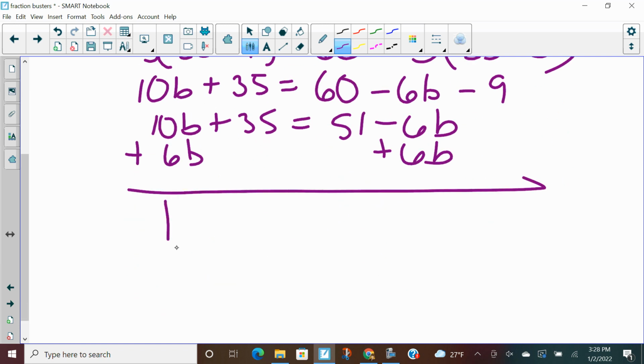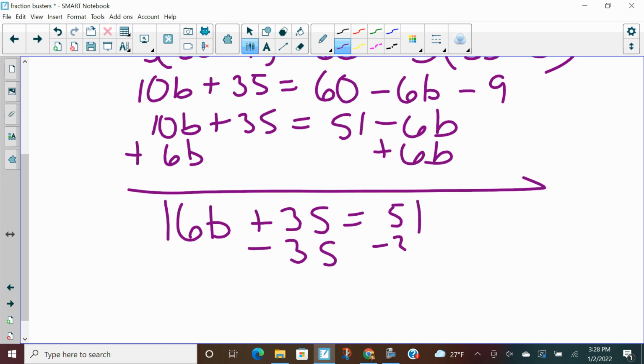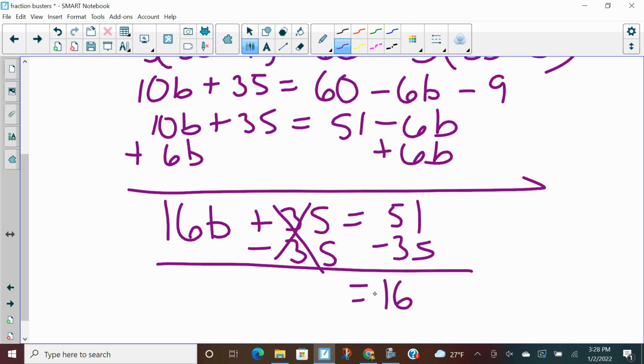I'm going to get 16b plus 35 equals 51. Subtract 35 from both sides. Equals 16b. And then divide both sides by 16. So b ends up equaling 1.